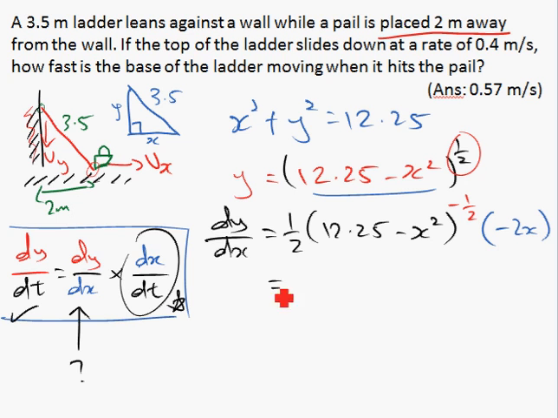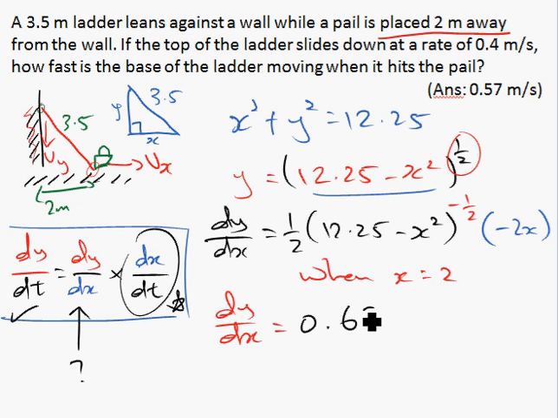So when x equals to 2, dy dx equals to, press your calculator, you will get 0.6963. That's my value of dy dx. So, put my value of dy dx here, put it inside here.